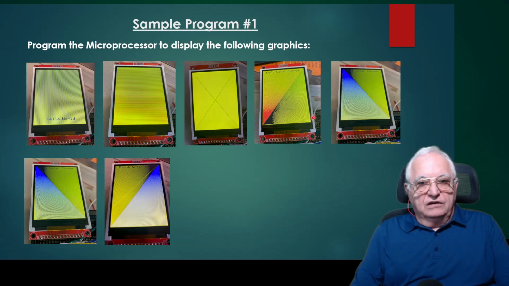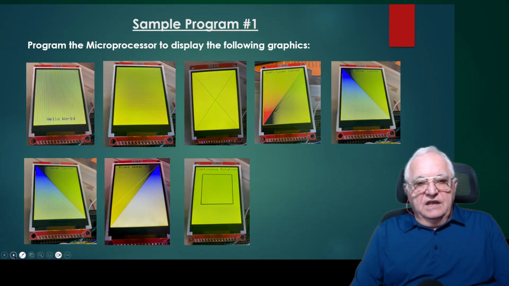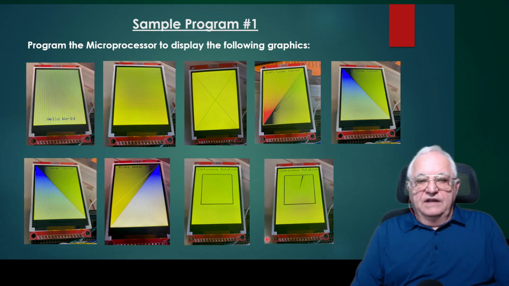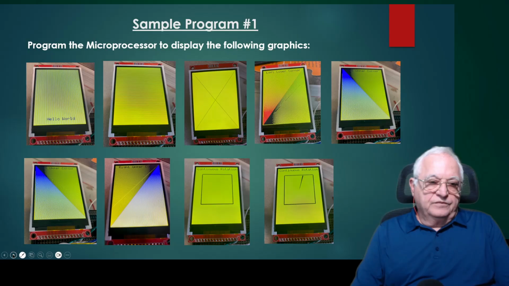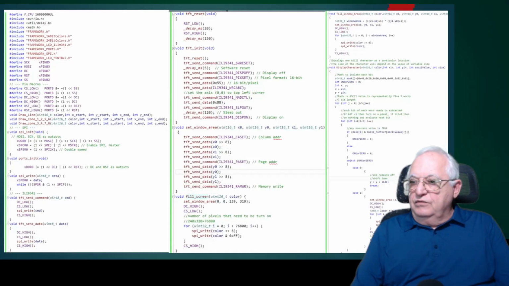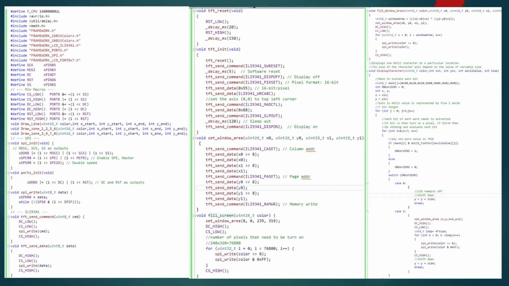So we'll do diagonal lines starting from the 4 corners, then we'll draw a square, and finally we're going to draw an arm that goes around the square to show some motion. So let's get going with that portion of the program.